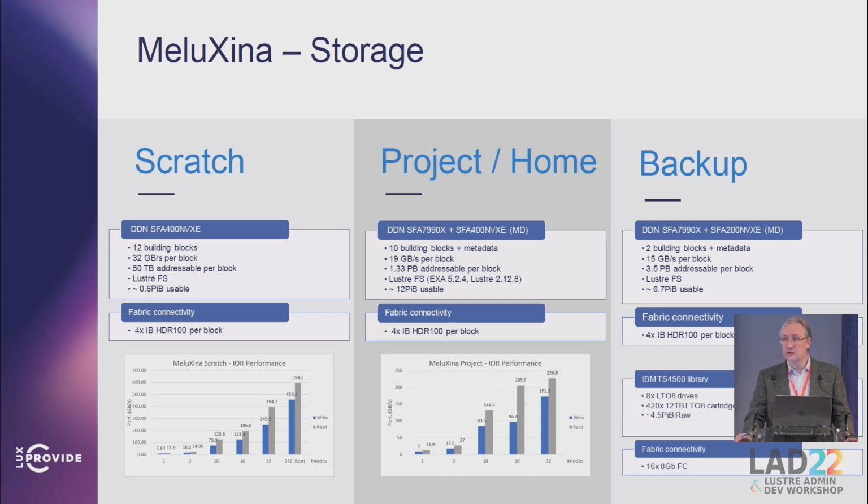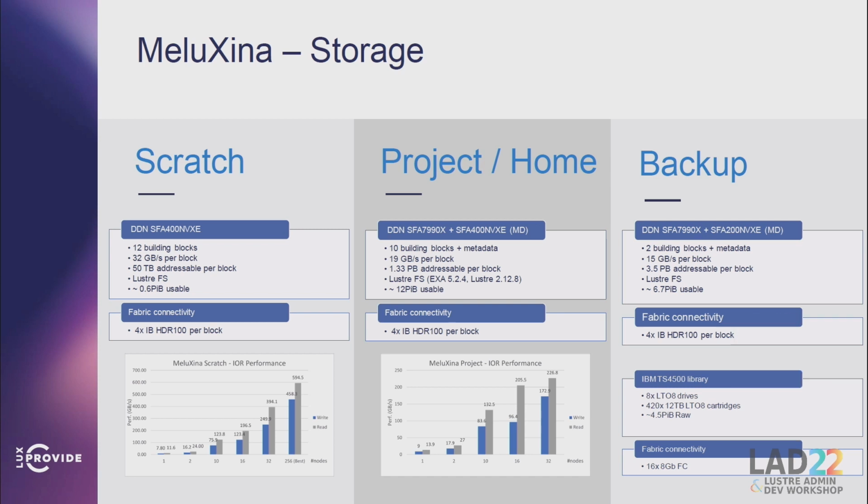This is all DDN storage, all of them. We have a project home file system, 10 building blocks, 12 petabyte usable. This is the file system on which we did snapshot testing, and for which the snapshot functionality was requested, basically. And then there is a bunch of backup systems and tape libraries and these kind of things as part of the storage solution.